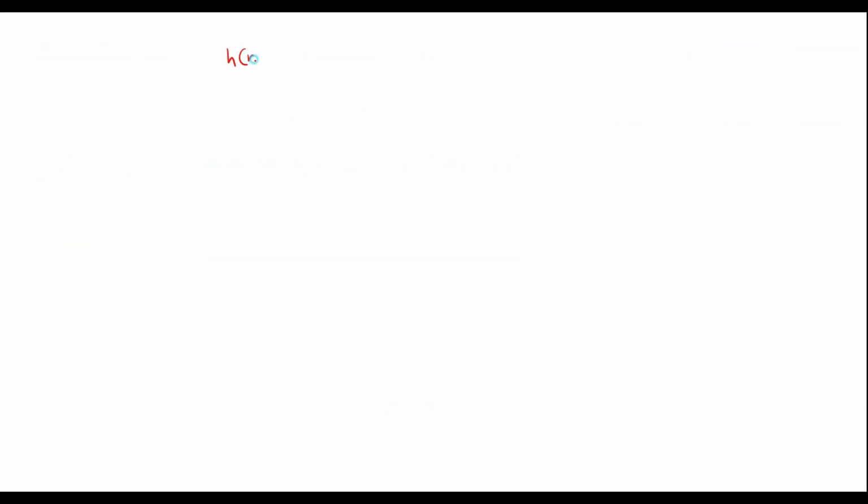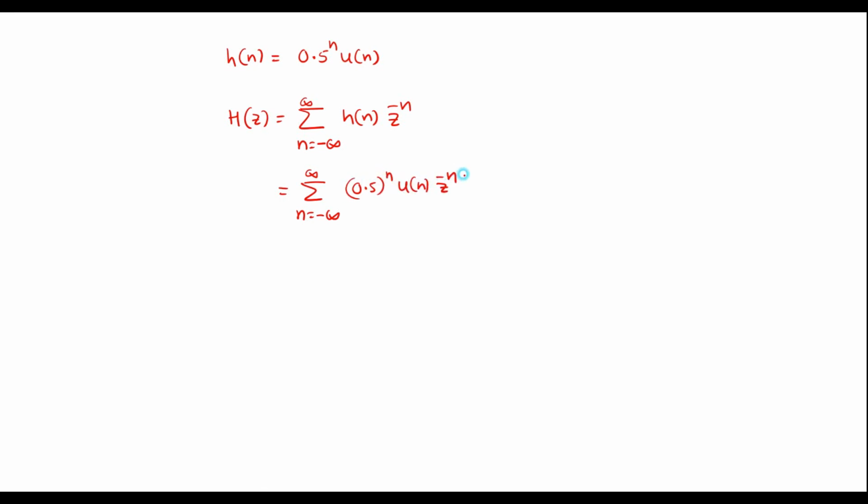So here h of n is given as h of n is equal to 0.5 power n u of n. So we'll try to find the z transform of this, that is h of z is equal to summation n is equal to minus infinity to infinity h of n z power minus n, or I can write it as summation minus infinity to infinity 0.5 power n u of n z power minus n.